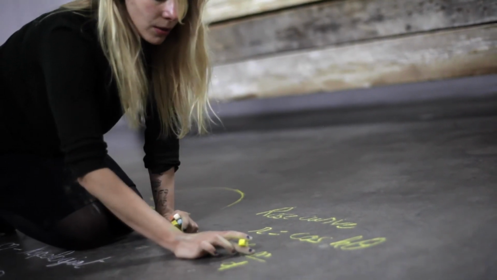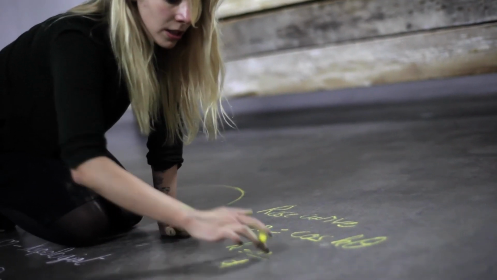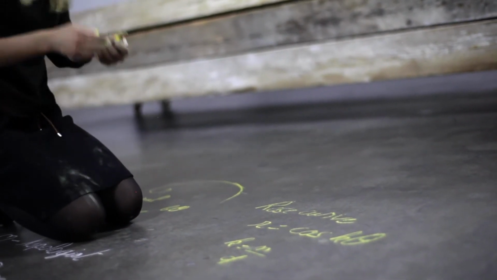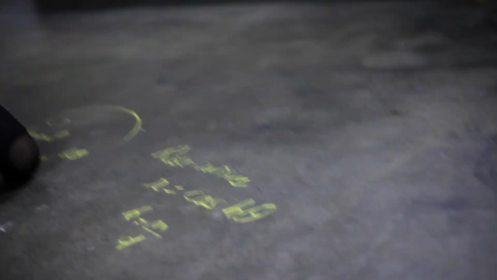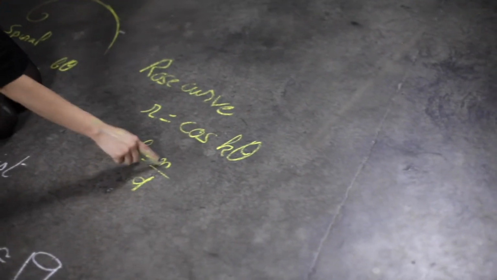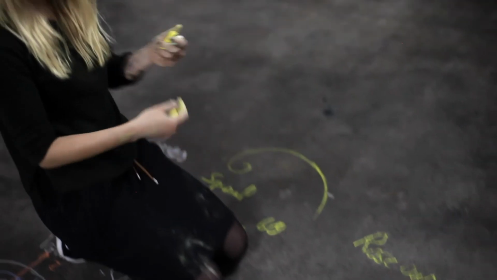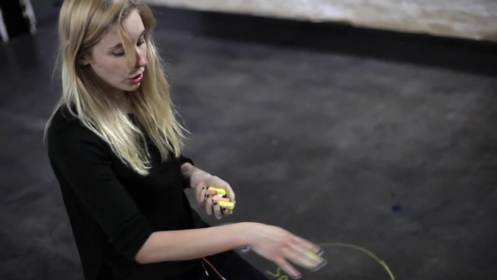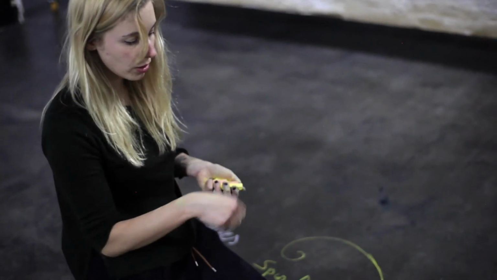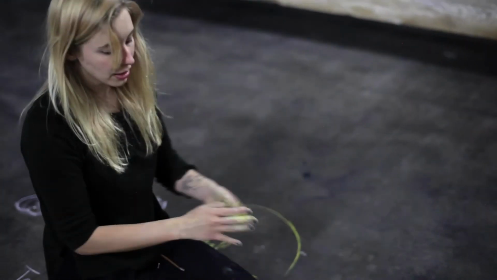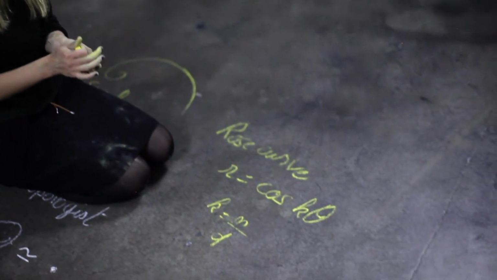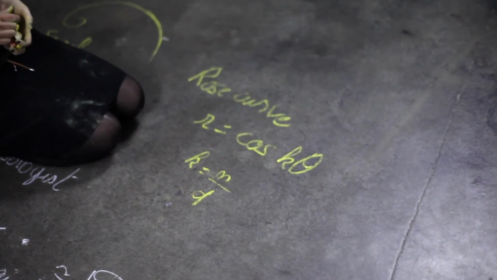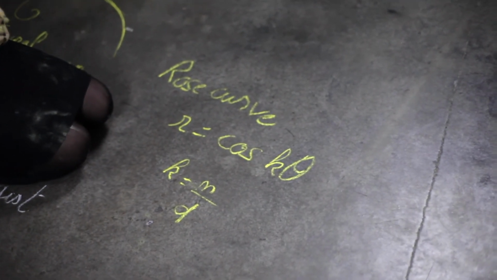If you take k as n divided by d, because it's an integer divided by an integer, you can have very different shapes. And what is also interesting is that if k is not rational, so not in this form of integer divided by an integer, you also get a curve that will not be closed and could be dense in the plane. So yeah, this is the third curve that we mapped onto the surface of the torus.